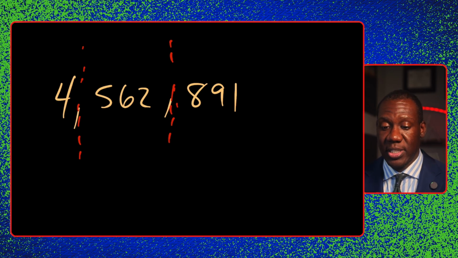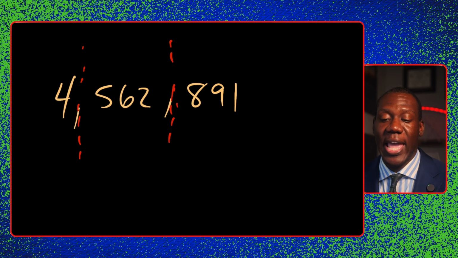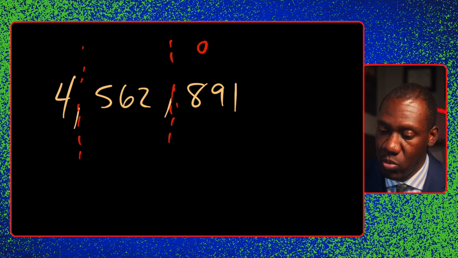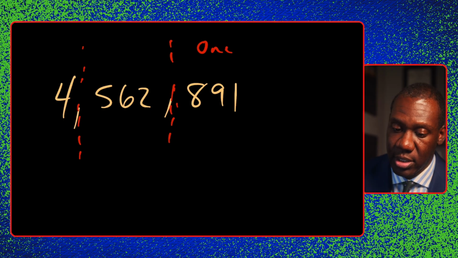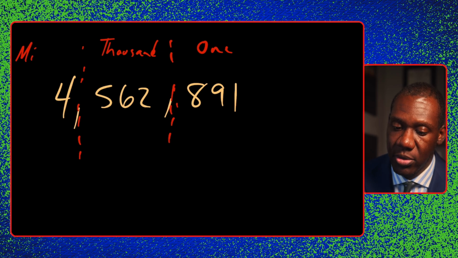So the number can be split up into different sections, and these sections we're going to refer to as houses, right? So this section would be my ones house. This section would be my thousands house. And this section will be my millions house.